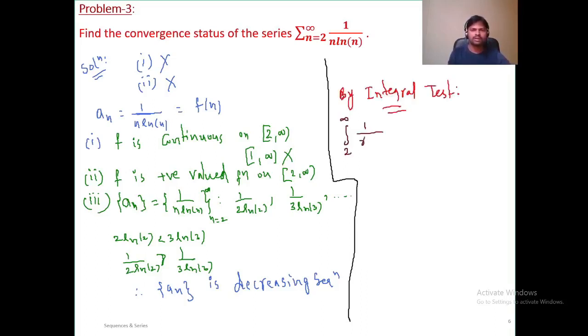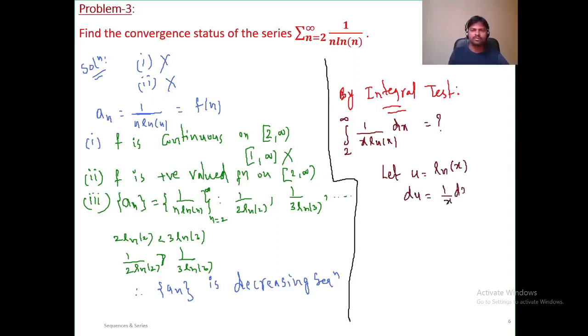the integral of 1 over x into ln x dx, this value I need to compute. To evaluate this integral, since the ln function is present, let u be equal to ln x. The only thing is I have to solve this integral. Then what is du? du is equal to 1 by x dx, applying the derivative on both sides.